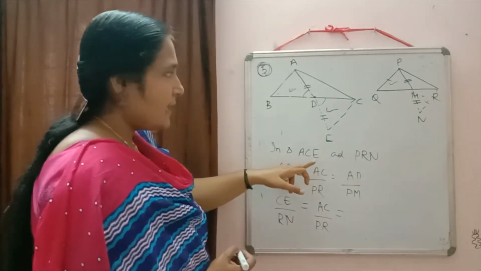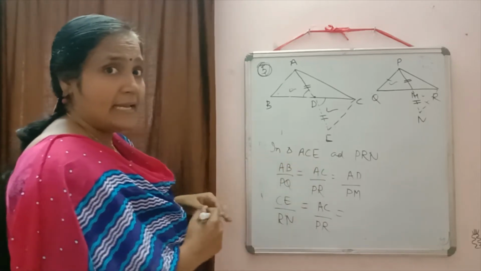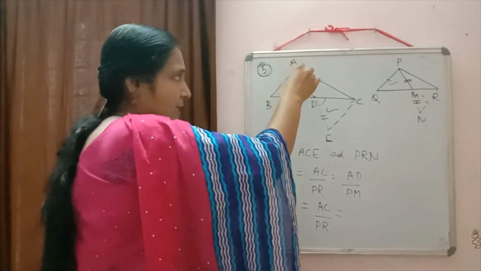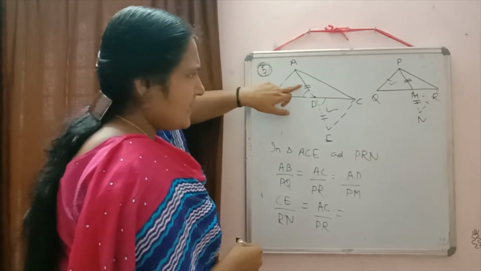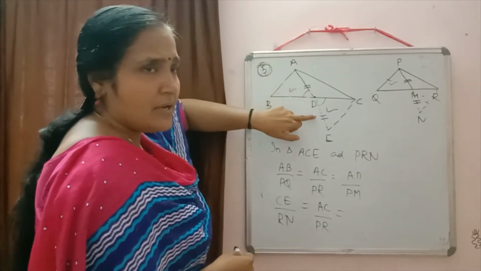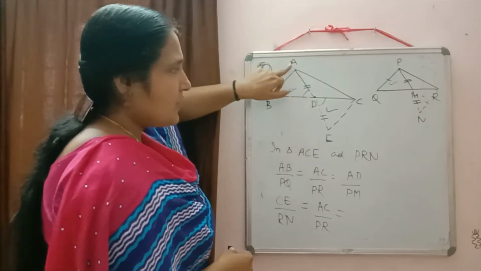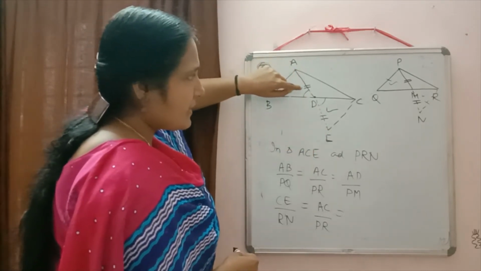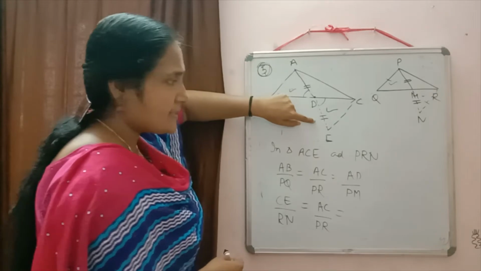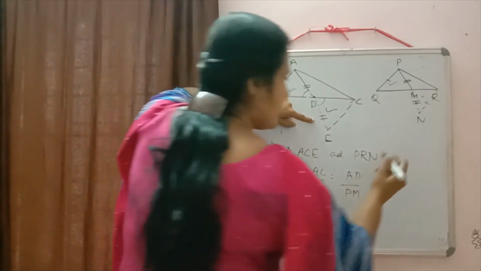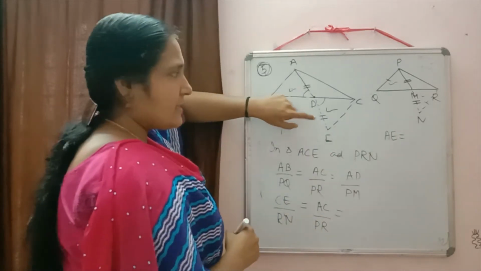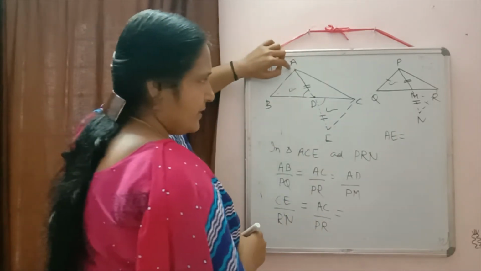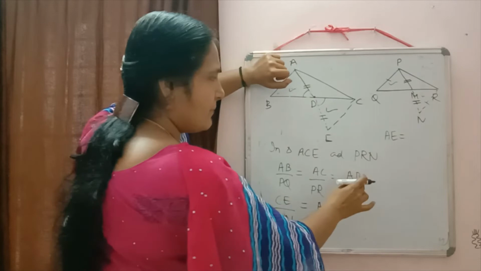Because in this triangle we don't need the side AD. Which one we need? We need the side AE. What is the relation between AD and DE? They are equal only. Correct? So AE will come when we have AD plus DE. Just I am writing here, because already so many steps are there, so small steps we will avoid there. I am giving you the explanation of how I am going to write this.